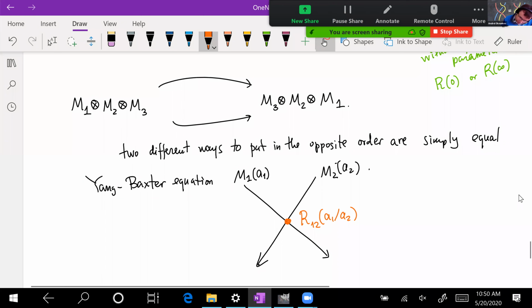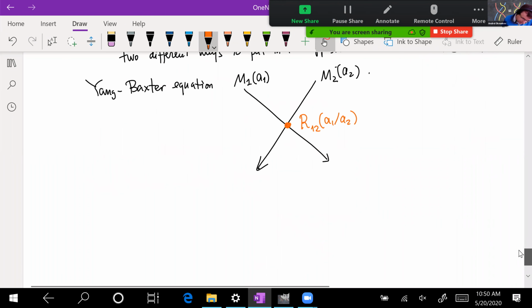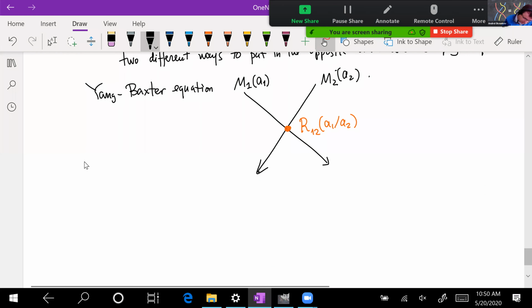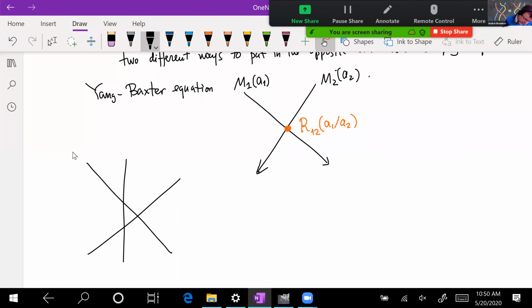And then the Yang-Baxter equation, the equation behind me, says that if I have this kind of crossing, with M1 of A1, M2 of A2, M3 of A3, then this crossing, which is a product of three R matrices, is the same as this crossing.